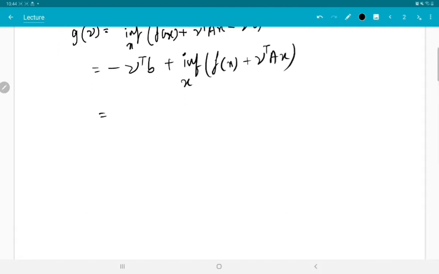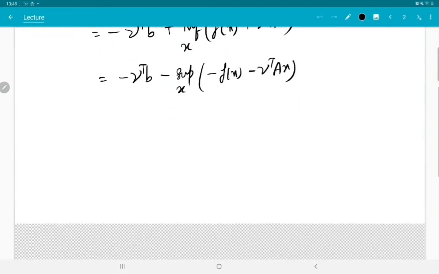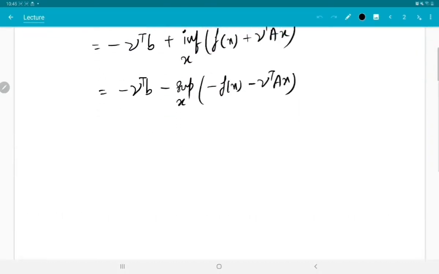This term is closely related to the conjugate. This is just minus the supremum over x of minus f(x) minus nu transpose Ax.